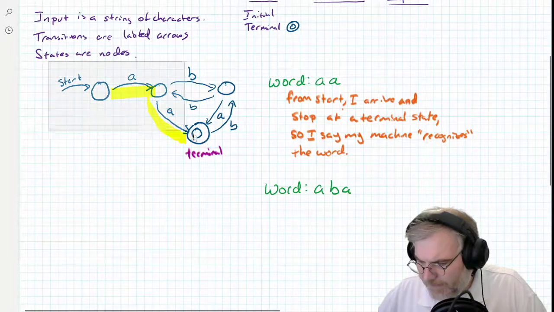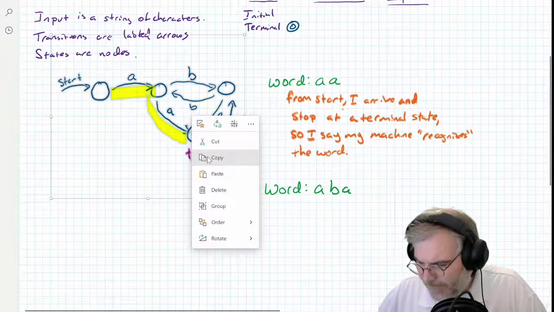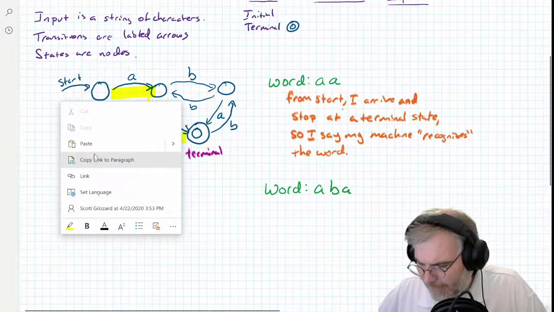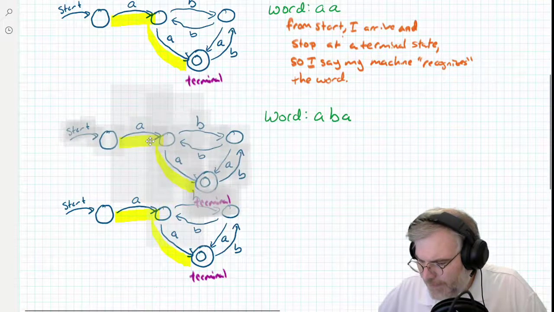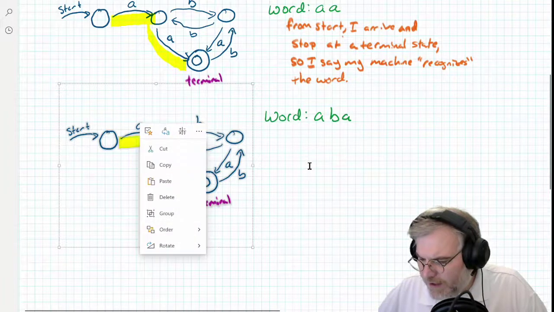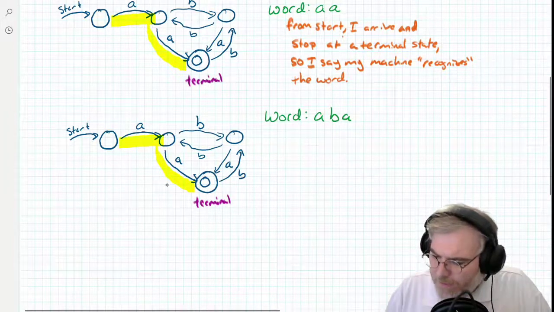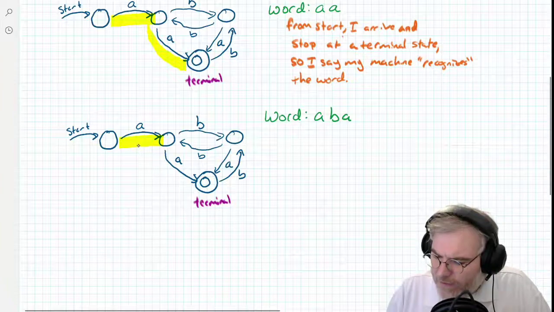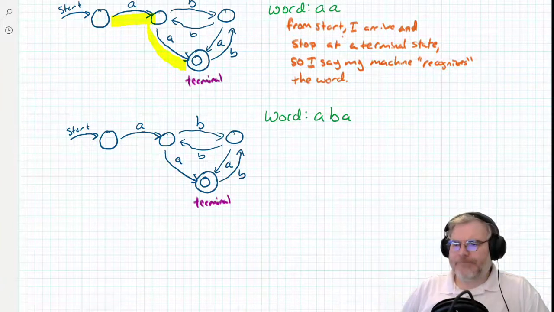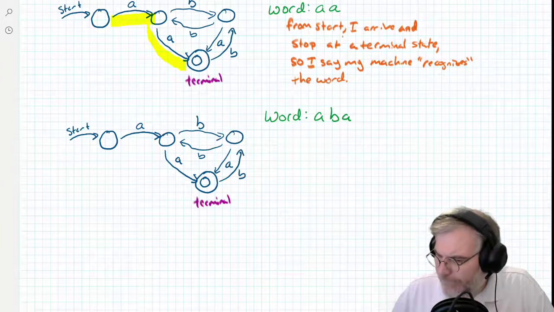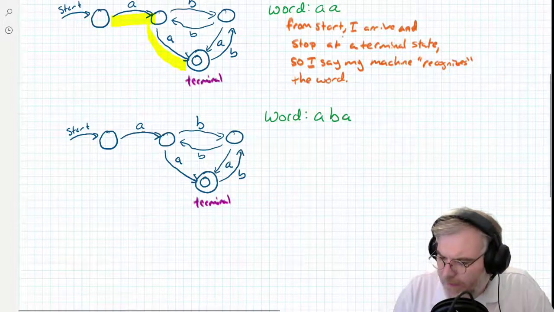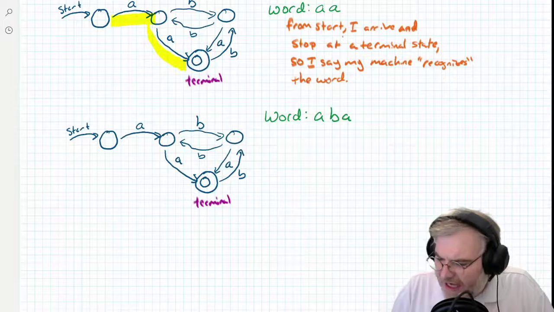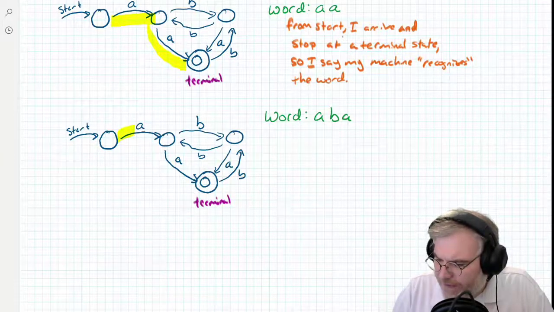Okay, well, I thought I copied it. There we go. Same machine. Let's do this word here. So what path am I going to follow for ABA? Let's see. My first letter is A, so I'm going to follow this path here.